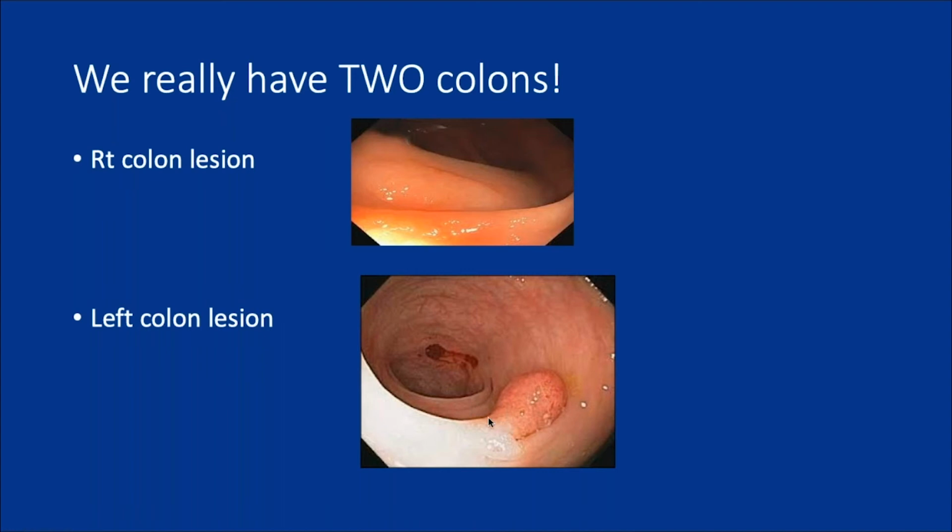And that's the lesion that we have thought about in years gone by as typical of the left colon. Think about this. If you have a large amount of stool in this area, you'll still probably see the tip of this polyp or an edge of the polyp, and you'll probably be able to make the detection and evaluation and treatment of this polyp. Now look at this polyp on the right colon.